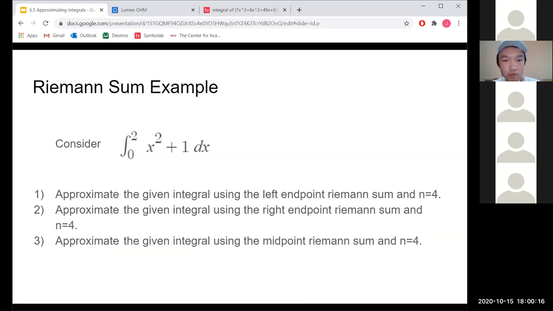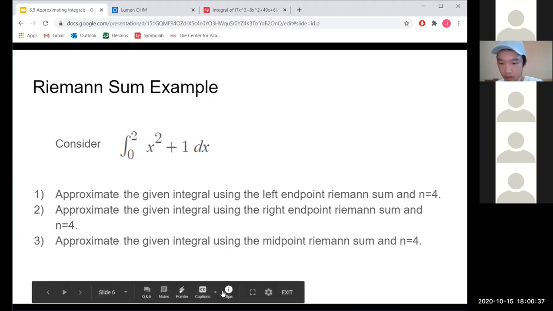We want to approximate the integral using Riemann sum. There are 3 types: left endpoint, right endpoint, and midpoint. I specified that n equals 4, the number of rectangles you use. So here we're specifying 4 rectangles. Let's see how this works.